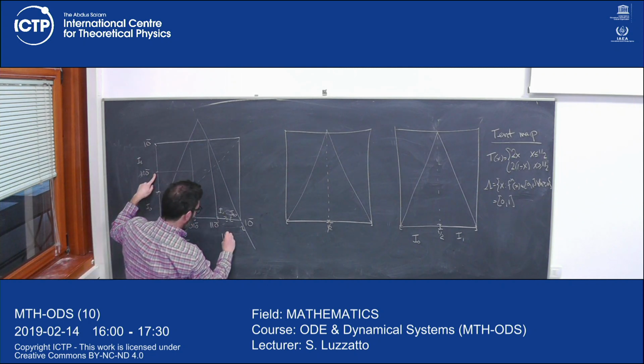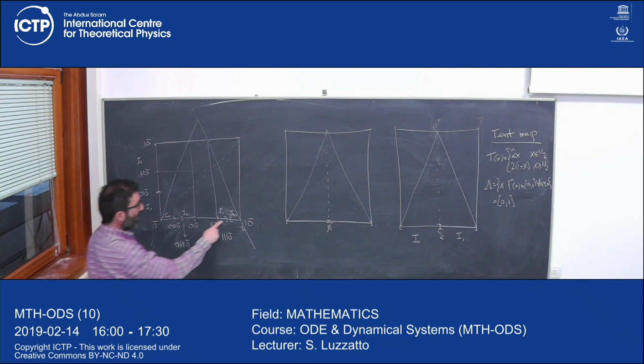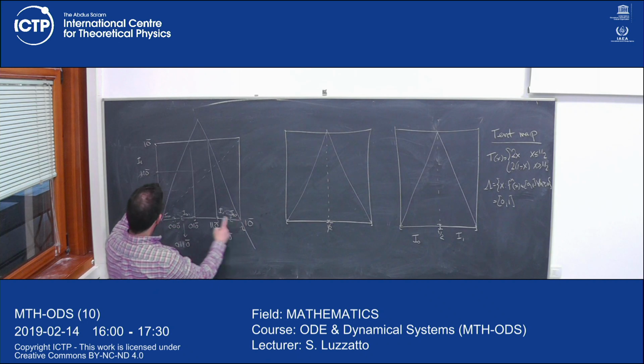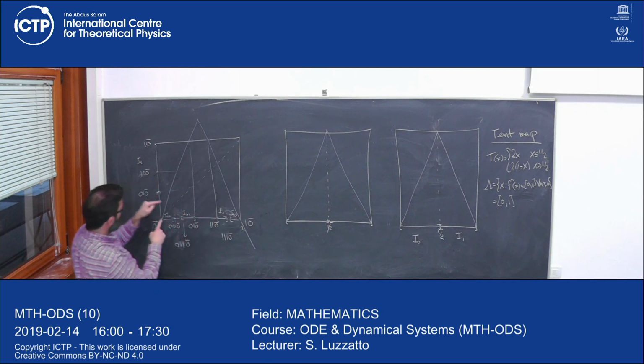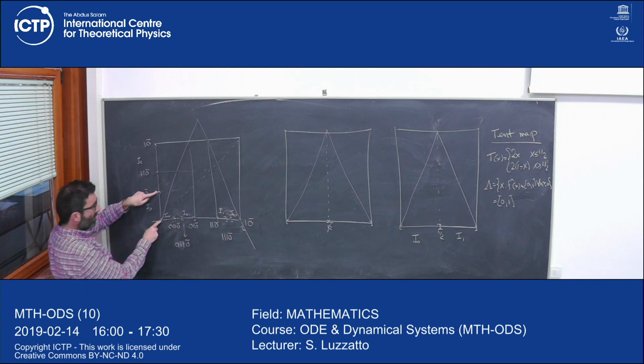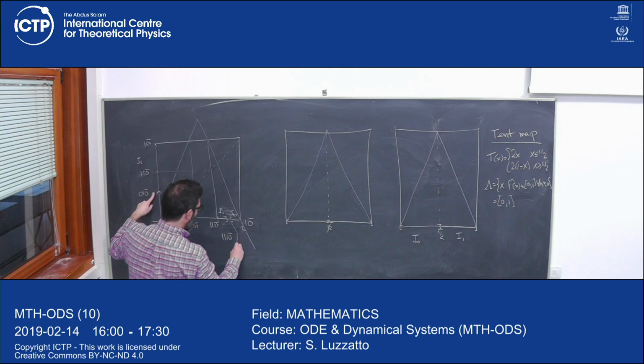So this is 1, 1, 1, 0 bar. And this endpoint instead maps to here. This small interval maps bijectively to I0, because this is I1, I0. So this endpoint here is going to be 1, 0, 1, 0.